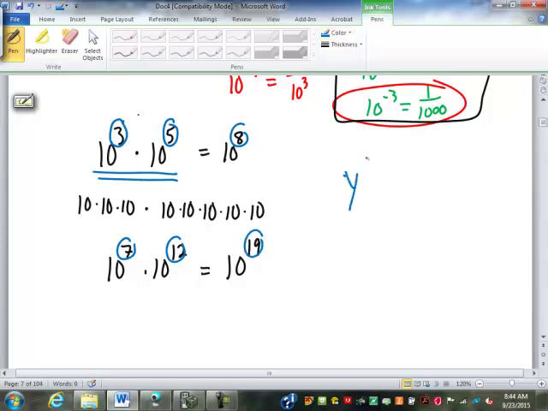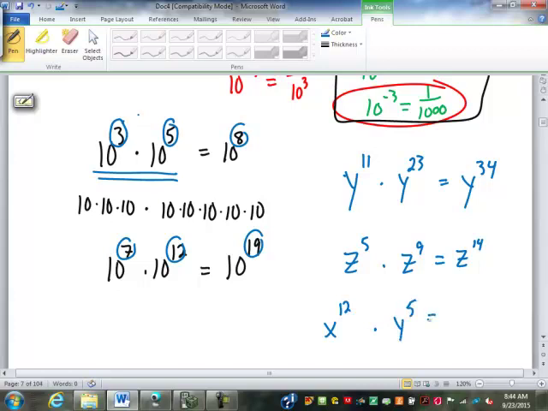So if I have y to the 11th times y to the 23rd, that's going to give me y to the 34th. If I have z to the 5th times z to the 9th, that's going to give me z to the 14th.